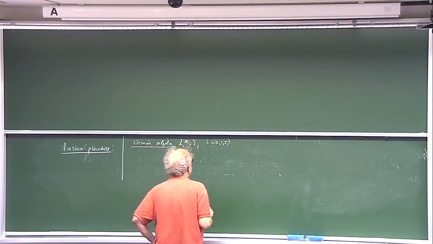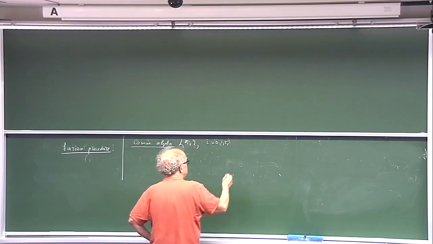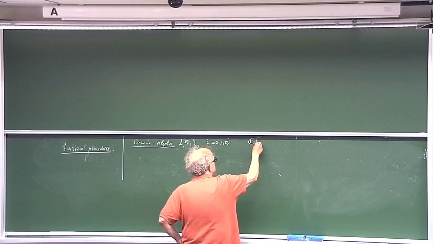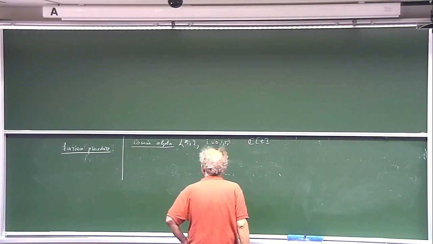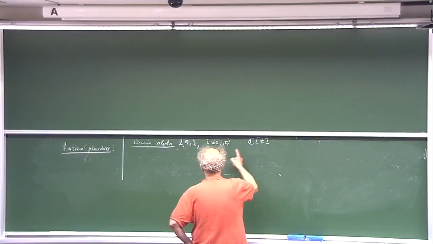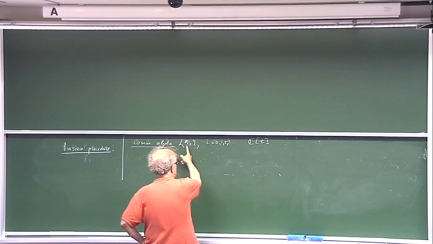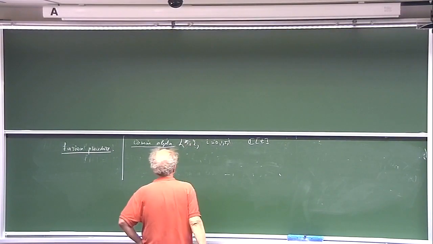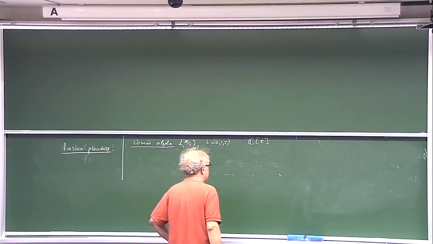And now the corresponding vector space is identified with just polynomials in T. What I mean is that I am talking about a commutative algebra generated by EI. So this commutative algebra is a polynomial algebra in an infinite set of generators.